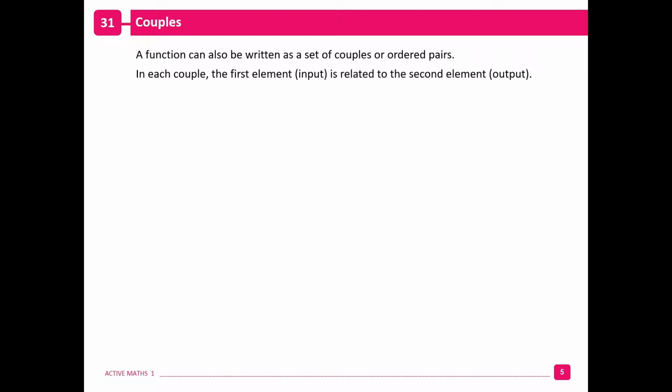We start off with the first of the two numbers being the input, what comes first, and the second is what comes out, the output. In each couple, the first element, the input, is then related to the second element, the output, and we know that they're related as a result of the rule of that function.